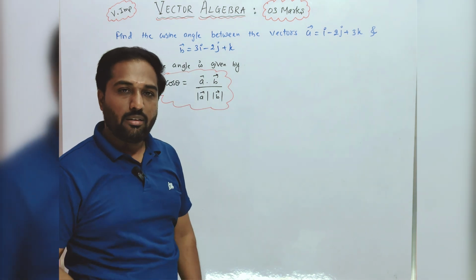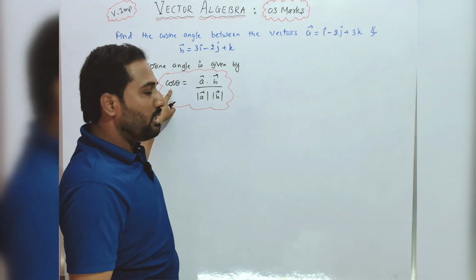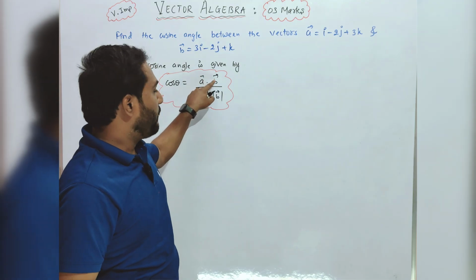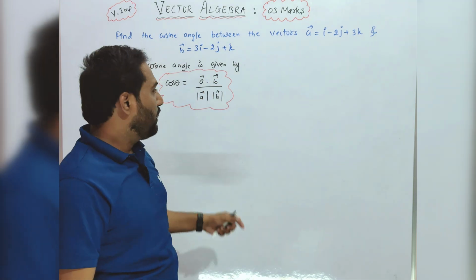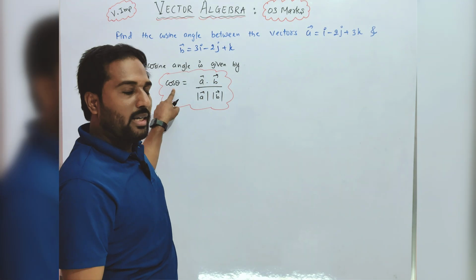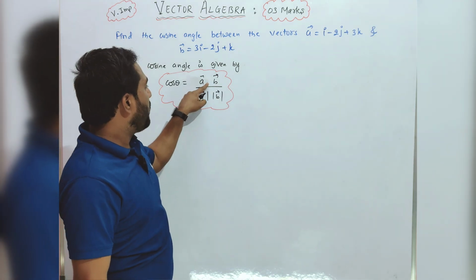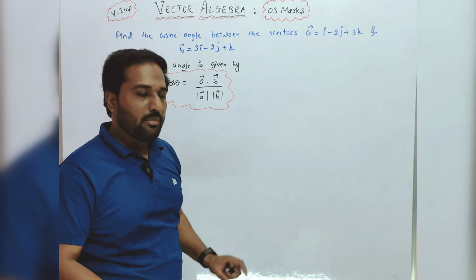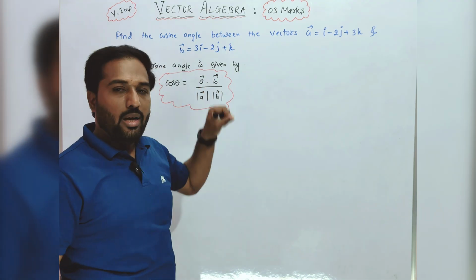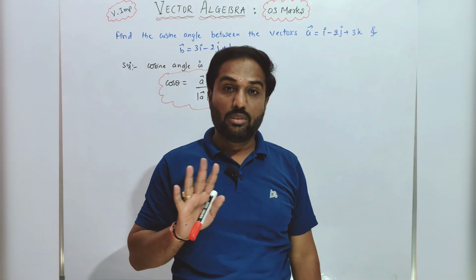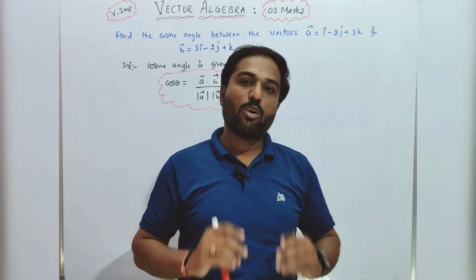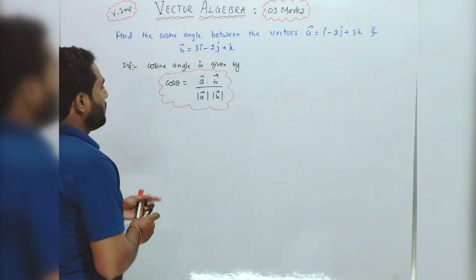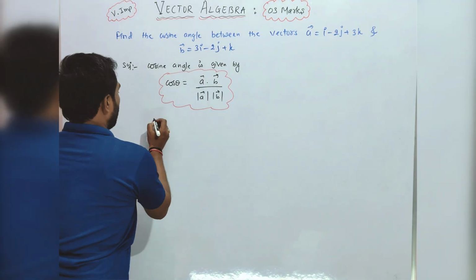In the sine angle, it was sine theta and the numerator was the magnitude of A cross B. And for cosine, take it as cos theta and it is A dot B divided by magnitude of A into magnitude of B. So the denominator part remains the same. In the numerator it will be A dot B, and not the magnitude of A cross B.